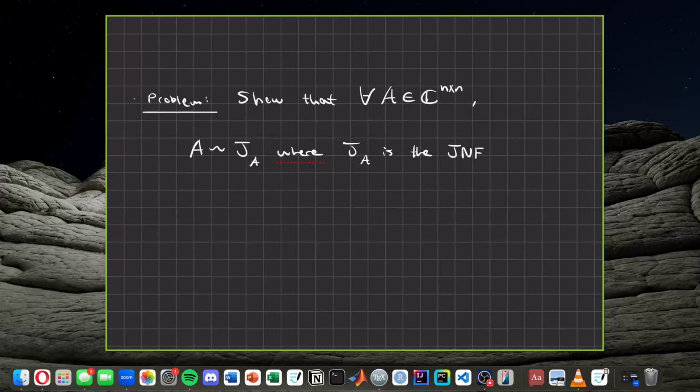I'm just going to say JNF or JF or JCF, Jordan form of A, where J sub A is this matrix formed by the diagonal of what we call the Jordan blocks, and the eigenvalues. So this will go up to just like k or something.